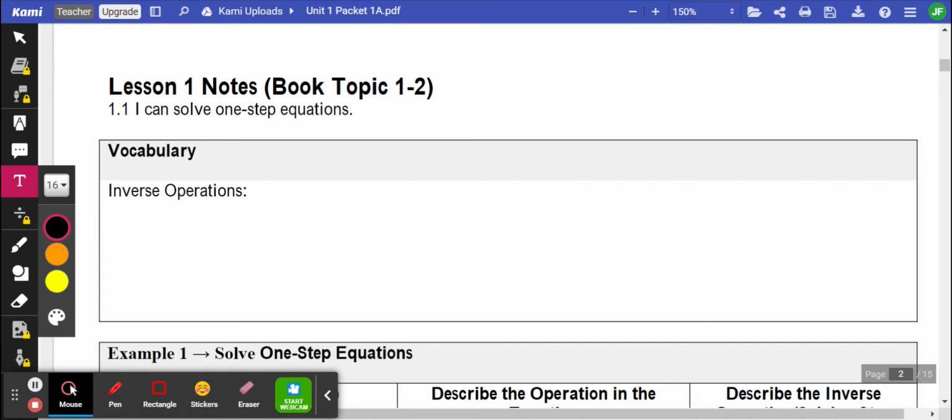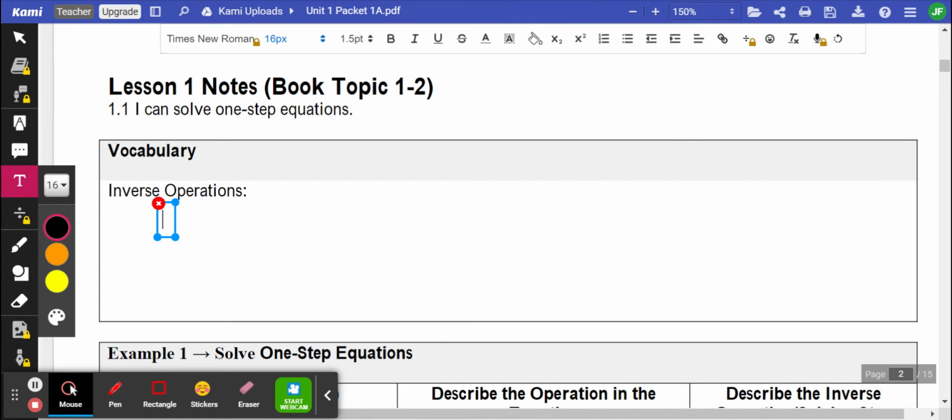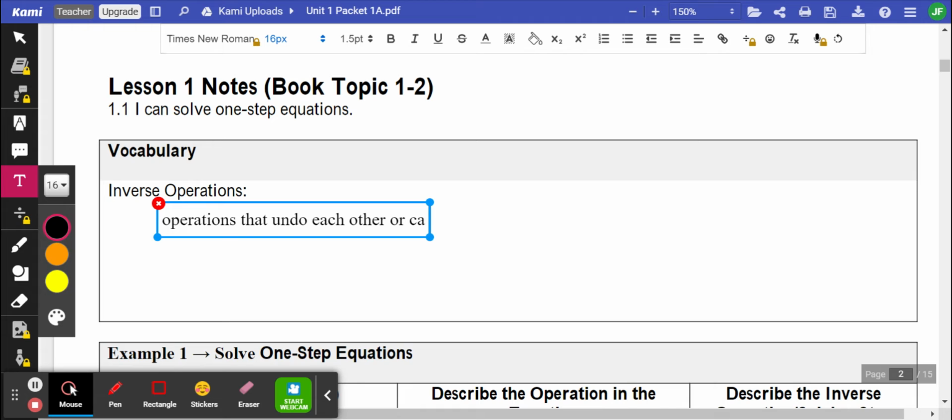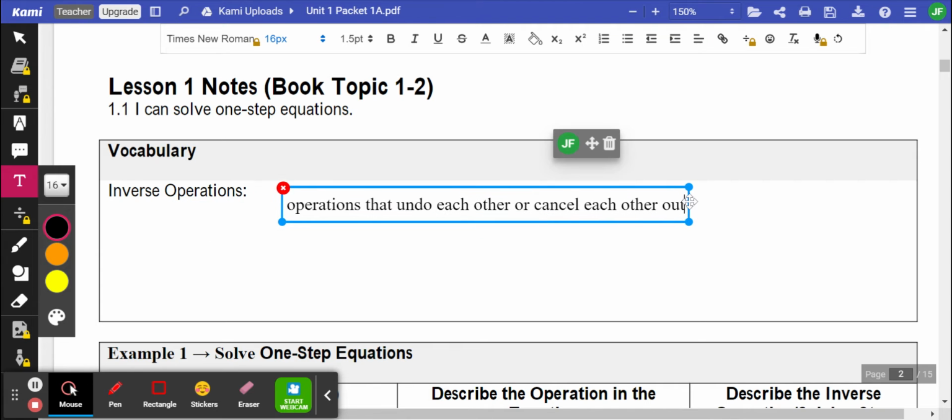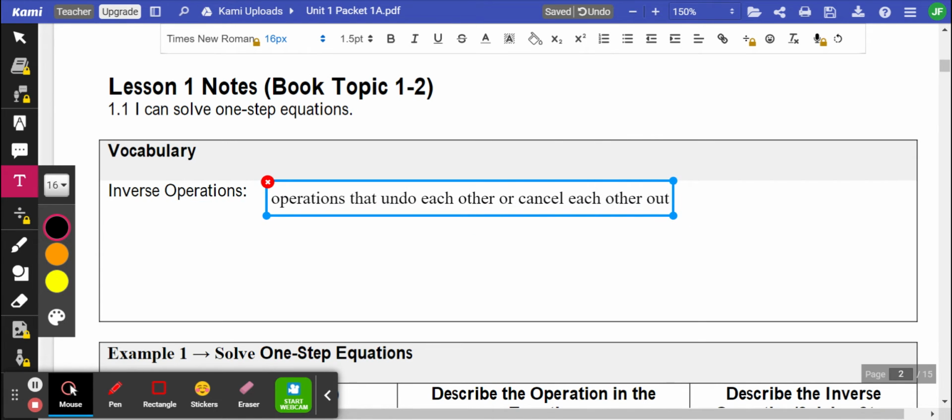When you're solving equations, the vocabulary that you need to know is inverse operations. Inverse operations are operations that undo each other or cancel each other out. Another way students say this is that they're opposites of each other.